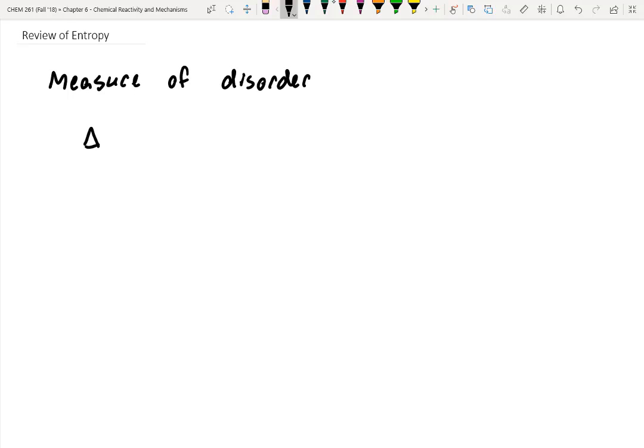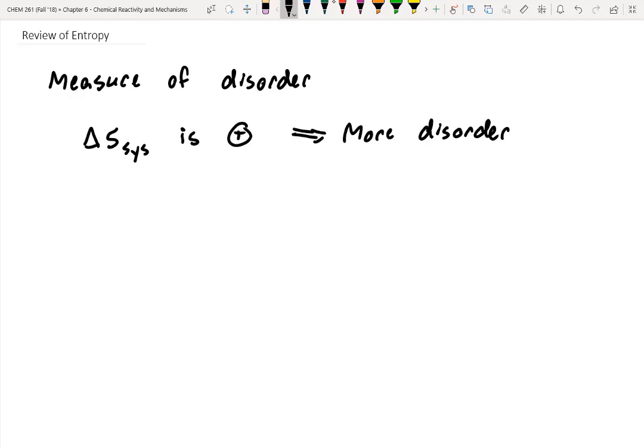All right. And again, physicists and chemists disagree a little bit on this, so I'm going to approach it from the chemistry side. Chemists like to view the system, not the universe. So we're going to look at delta S of the system. If delta S of the system is positive, that means you have more disorder after your reaction's completed.